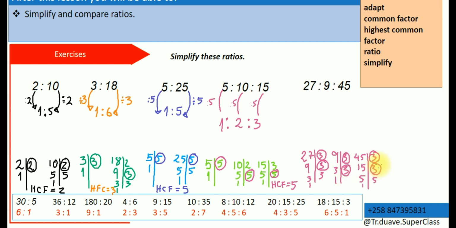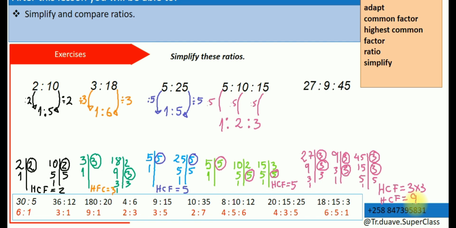Now we're going to use this value to divide in the ratio. We pick one of the columns, and the highest common factor is going to be all the circled numbers multiplied, 3 times 3, which means the highest common factor is equal to 9, and we're going to use 9 to divide the ratio.